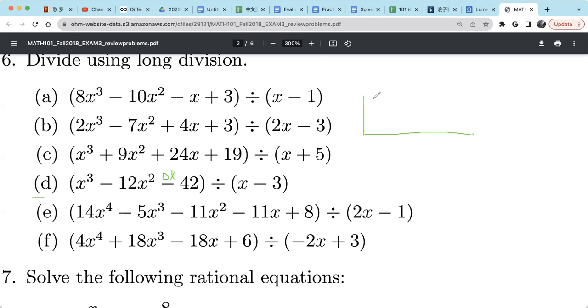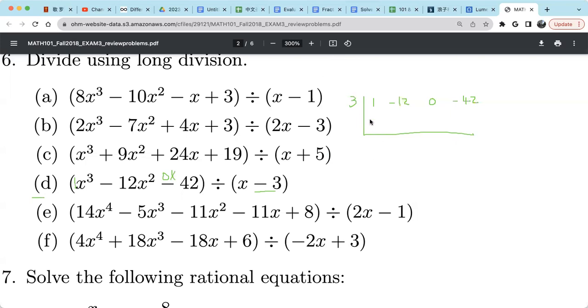We write down the coefficient 1 before x cubed. Next one, -12. Because we don't have an x term, we're going to put a 0 here for x. Then -42. The divisor is x minus 3, so we're going to write 3 outside.